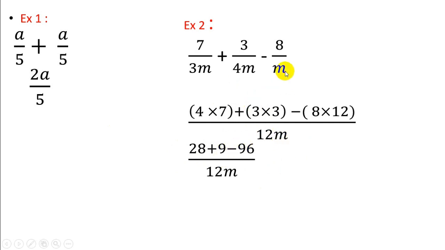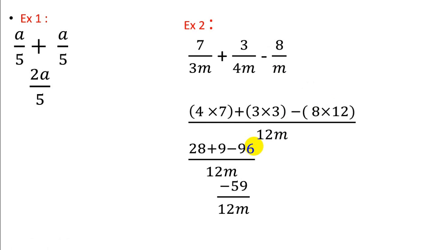Then 12m divided by m is 12. So 8 multiplied by 12 is minus 96. In the numerator, as you can see, you have positive values as well as negative values. When you simplify, you get minus 59 over 12m.